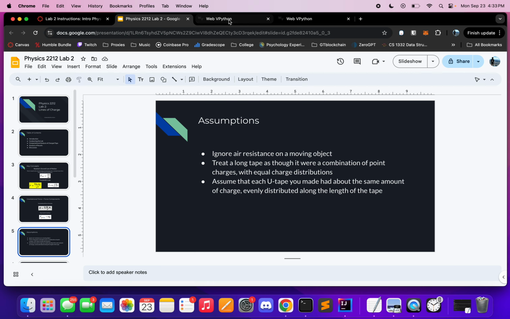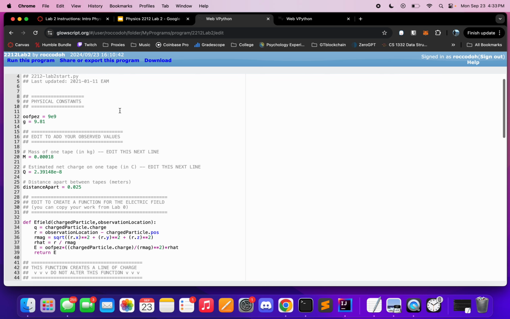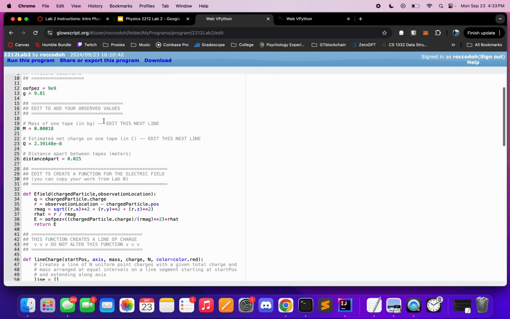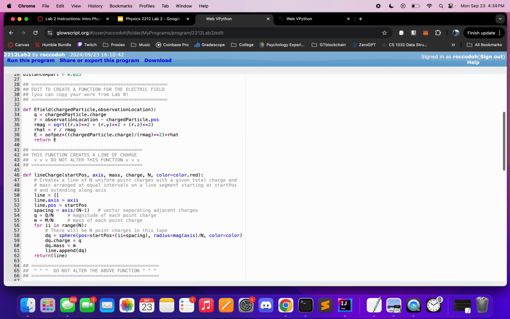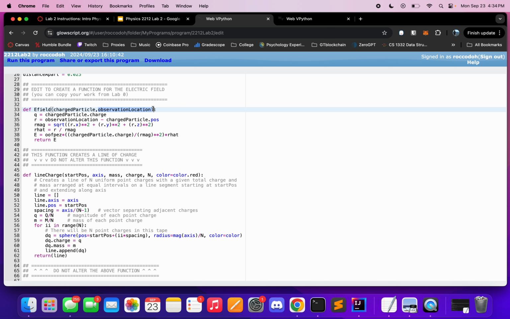So if we take a look at our code here, we have some physical constants, 1 over 4 pi epsilon naught, g. We have the mass, charge, and distance apart between the tapes. These are the things I got from actually conducting the experiment. And we have two functions here, one to calculate the electric fields, and parameters, we have charged particle and observation location.